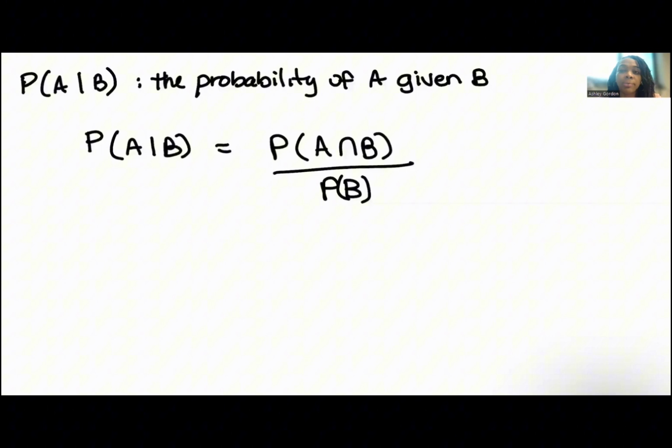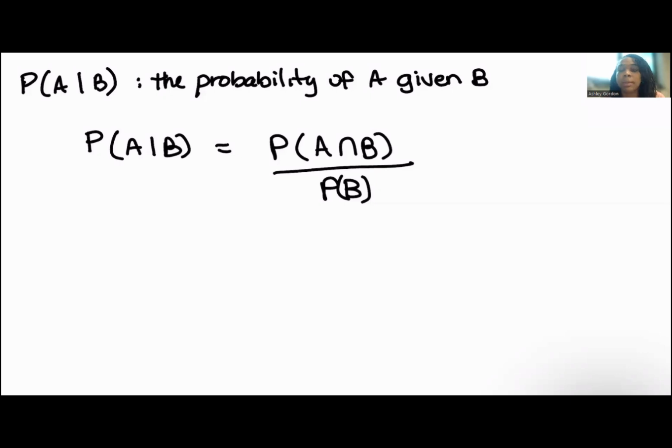Many of the probabilities that we encounter in daily life are conditional probabilities. So something like the probability of you going to college is 70% if your parents went to college, or relating to some of your majors, maybe what is the probability that someone becomes homeless given that they have a history of substance abuse?